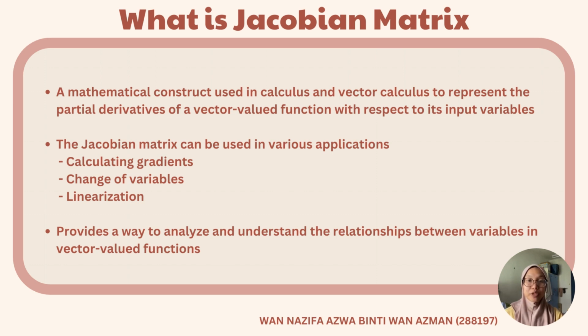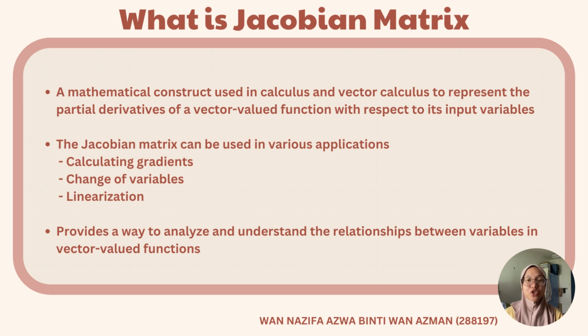The Jacobian matrix can be used in various applications, including calculating gradients. The transpose of the Jacobian matrix can be used to calculate the gradient of f, which provides the direction of steepest ascent in multivariable optimization problems.